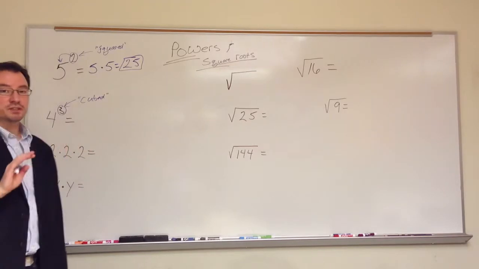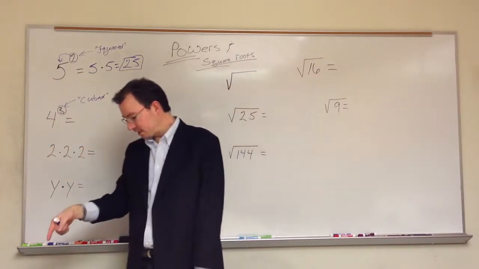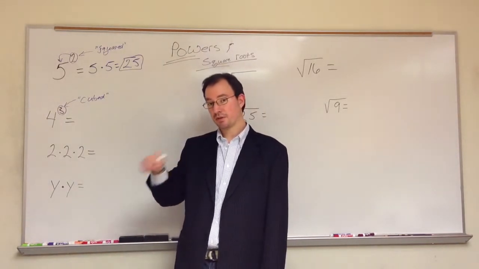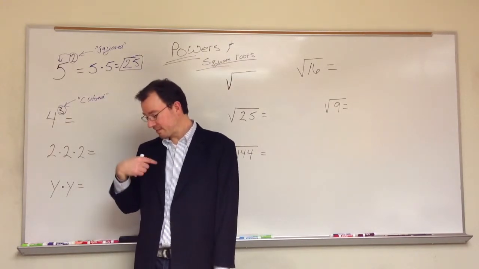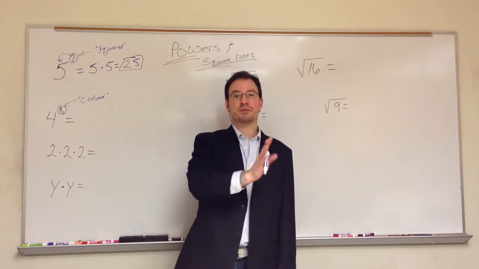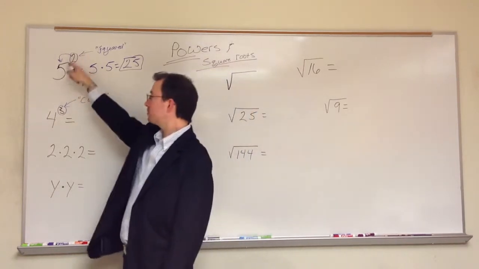Again, the little one tells the big one what to do by multiplying its own self by the value of this number. If I was a 7 and I was telling a number 3, hey, 3, multiply yourself times yourself 7 times, then it wouldn't be 3 times 7, it would be 3 times 3 times 3 times 3, and so on. So that's what the power, or the exponent, the little number, means.